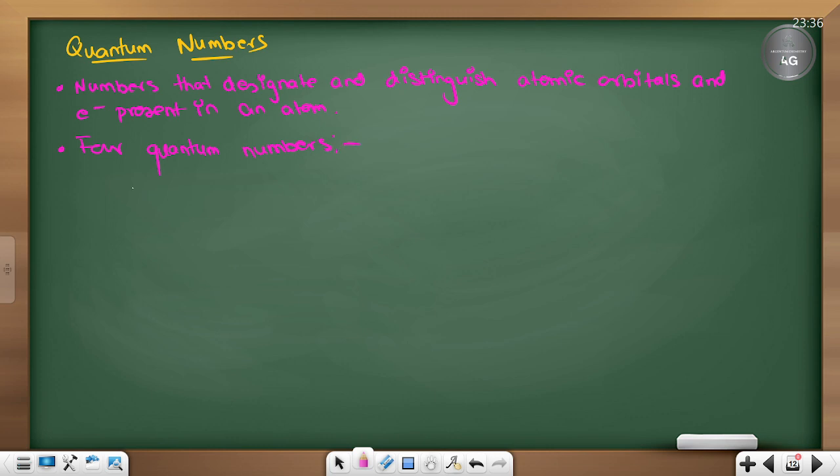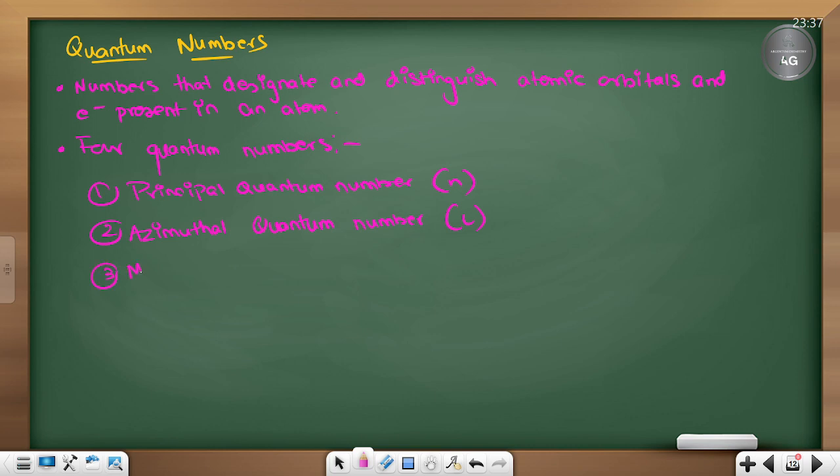Today I am going to give you only the names. Number 1 is principal quantum number, which we have just come across in the 2n square formula. Principal quantum number represented by n. Number 2 is secondary quantum number or azimuthal quantum number, represented by l.